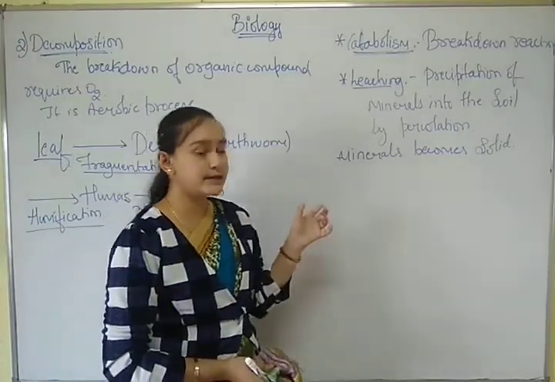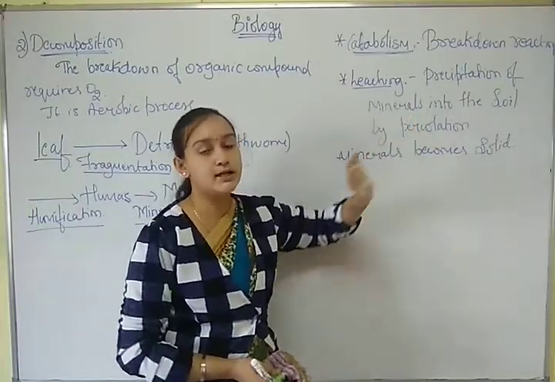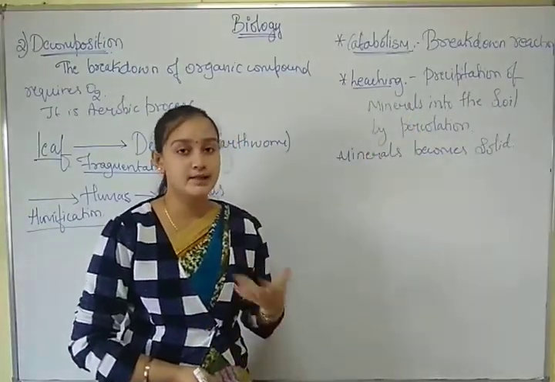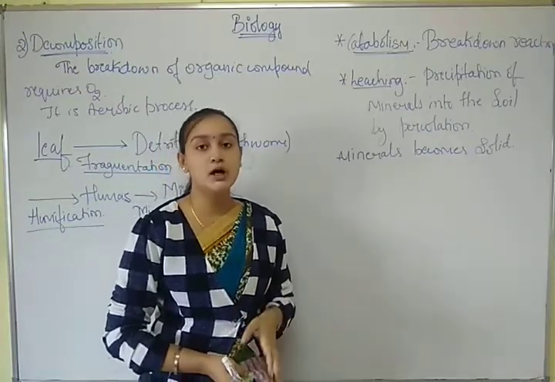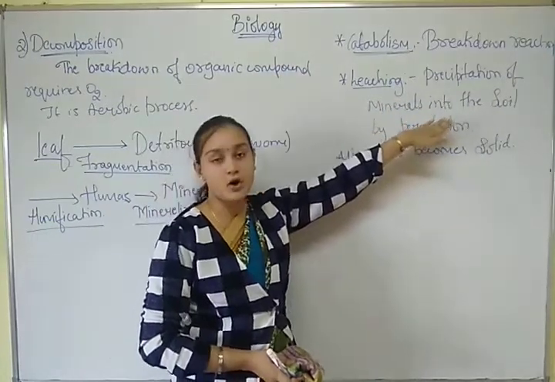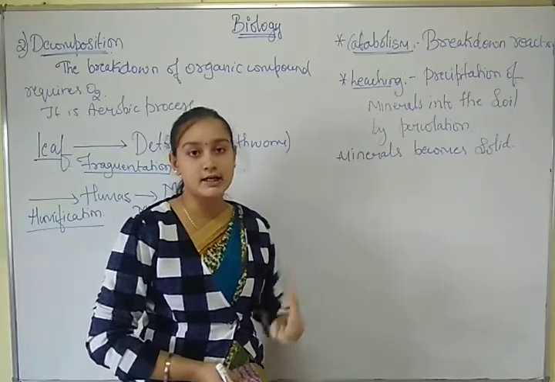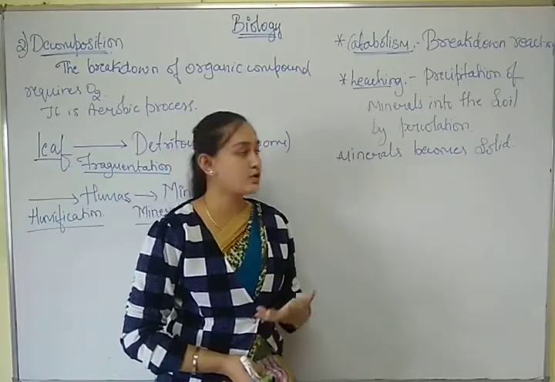Now these precipitated minerals will not be available to the plants. This is the precipitation in the soil by percolation, meaning rain or some other kinds of activity.